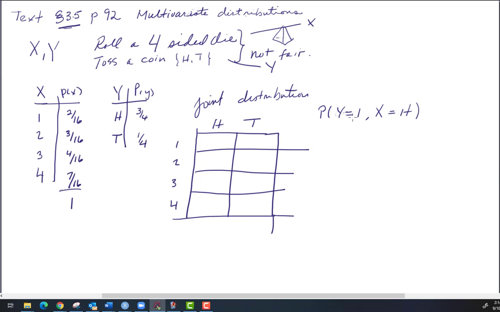So these would be independent events. The die doesn't know what happened to the coin, or the coin what happened to the die. So this would be equal to the probability that y is equal to heads times the probability that x is equal to 1, would be equal to 2/16 times 3/4 equals 6/64.